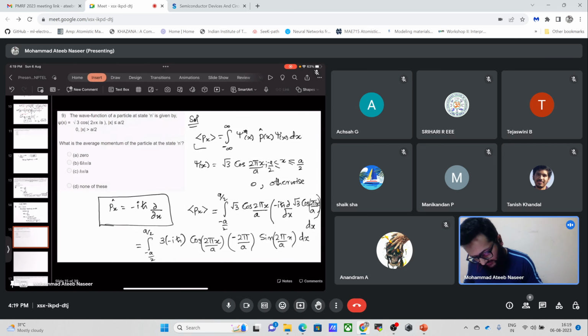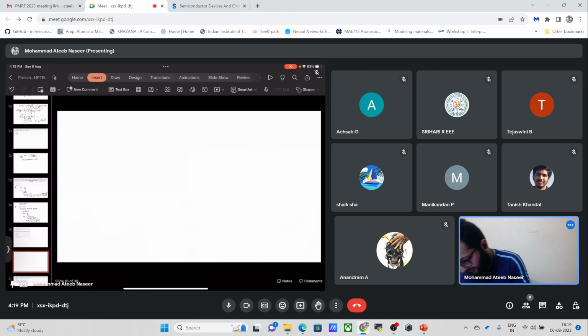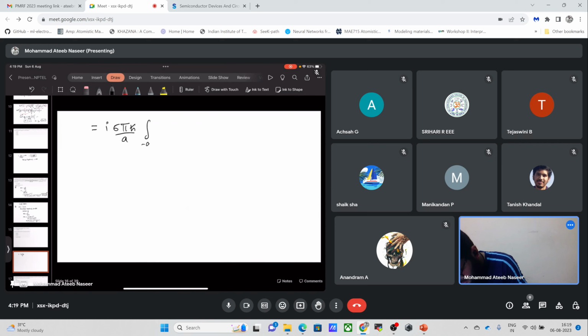This will simply be 6 pi h bar by a, it would be equal to iota times 6 pi h bar by a, integral from minus a by 2 to plus a by 2 of cos of 2 pi x by a sine of 2 pi x by a dx.